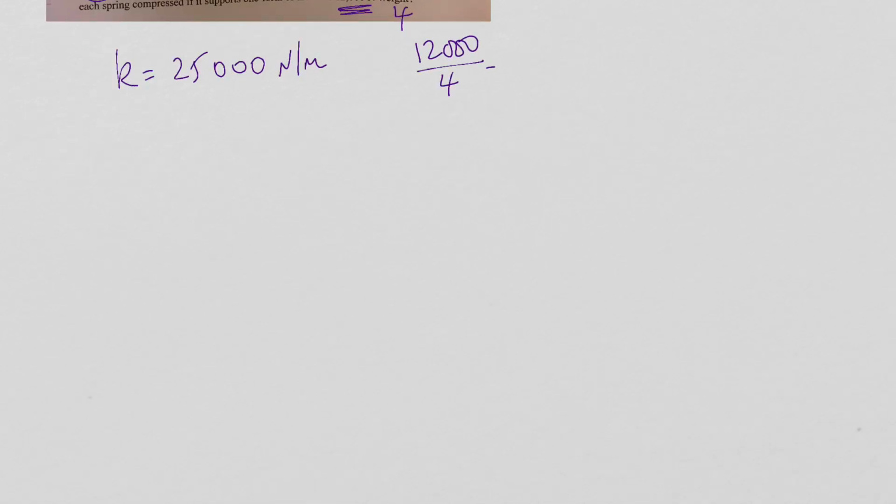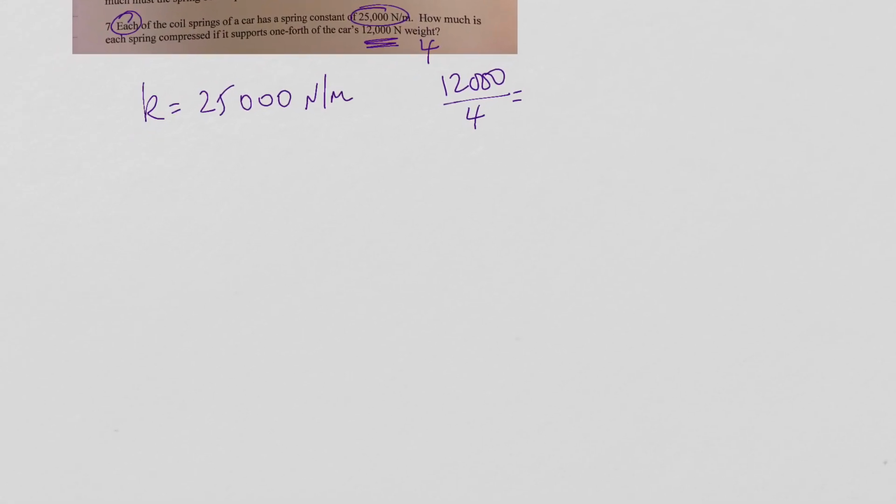Right, so each spring is that, but this is the total weight, and there's 4 springs. So the first thing to do is work out the weight on each of the springs. So if my maths doesn't fail me, each spring will have 3,000 newtons of weight.